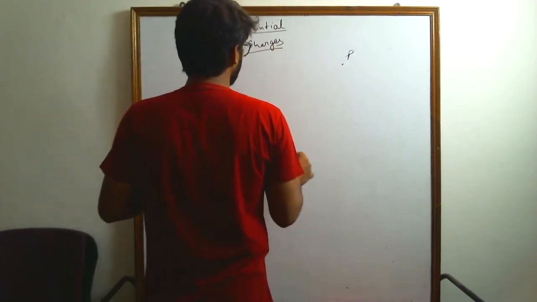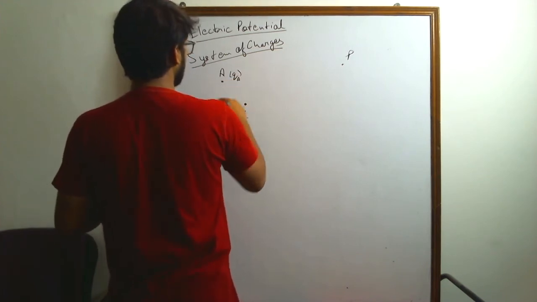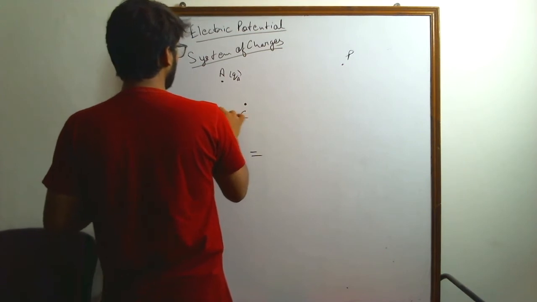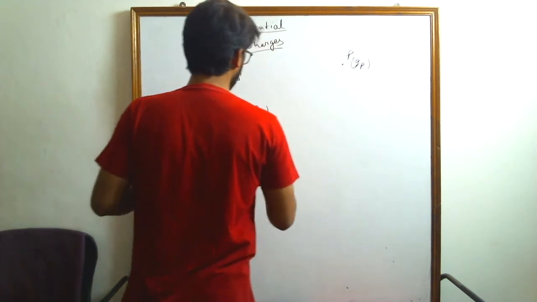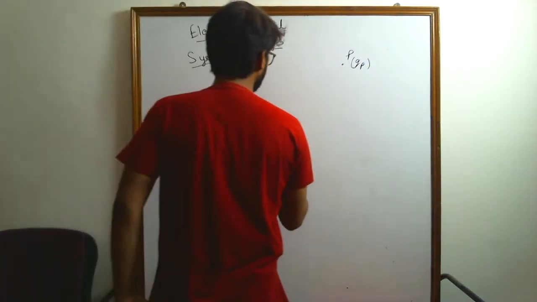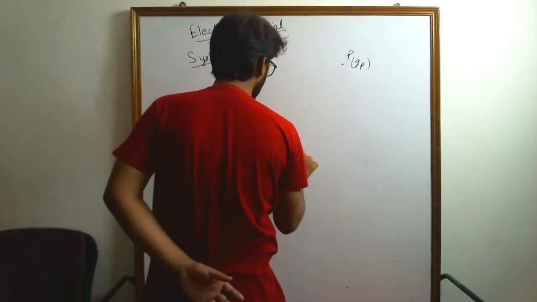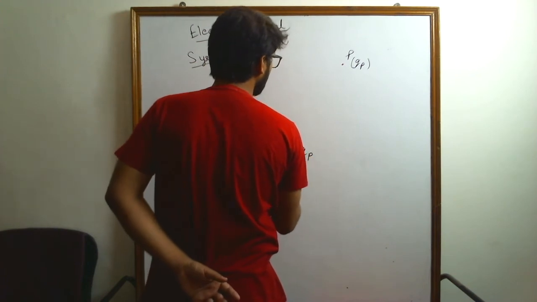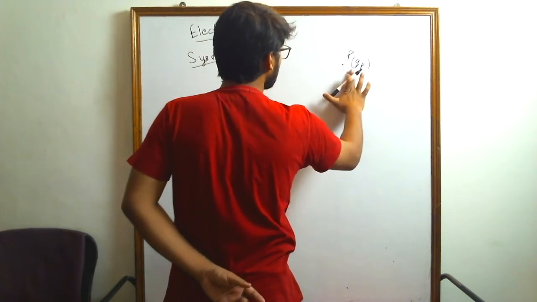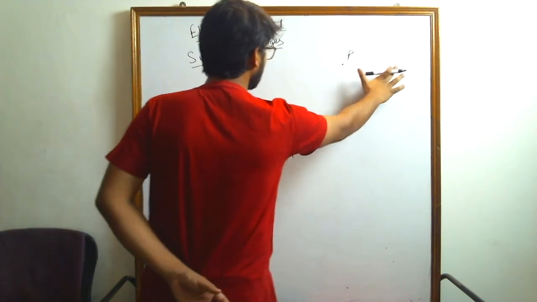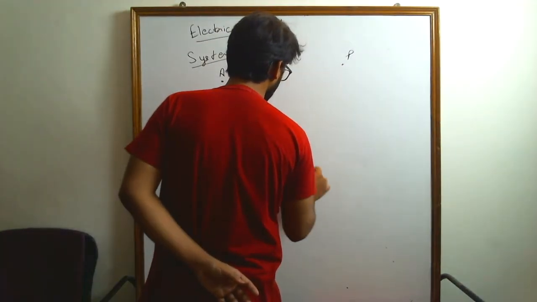So what's going to happen is the total potential I am going to do directly. Let's say this is QA, this is QB, this is QC, this is QP. So the potential of P by A will be equals to QA upon 4 pi epsilon into R. This is unit charge, so I do not need to add a QP because it will confuse you.